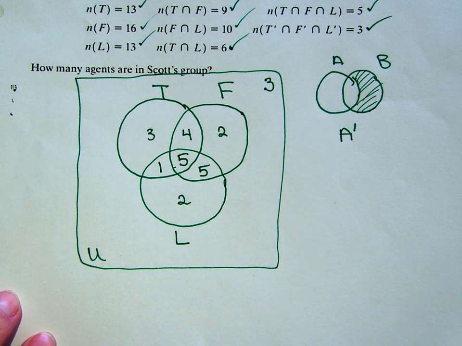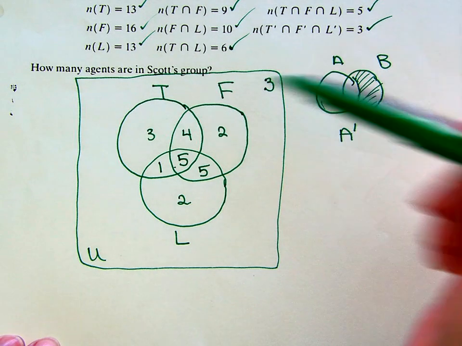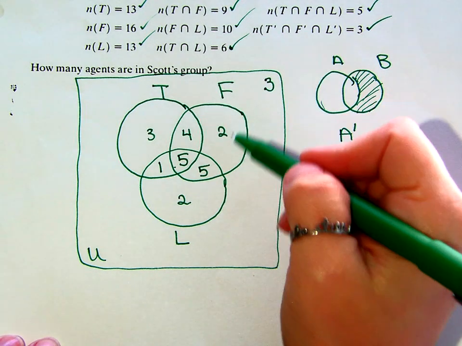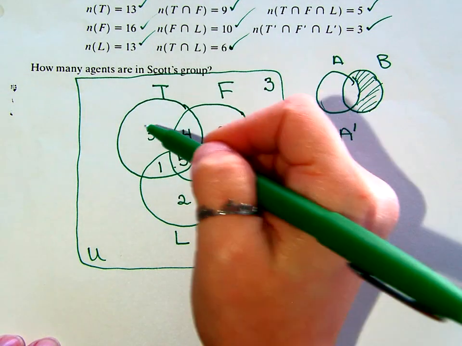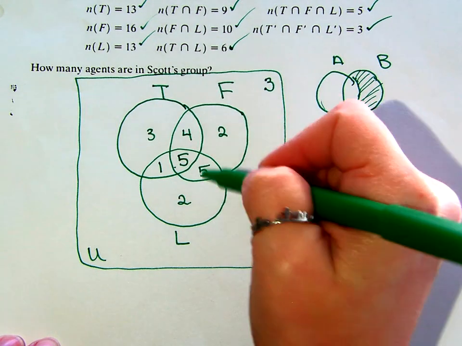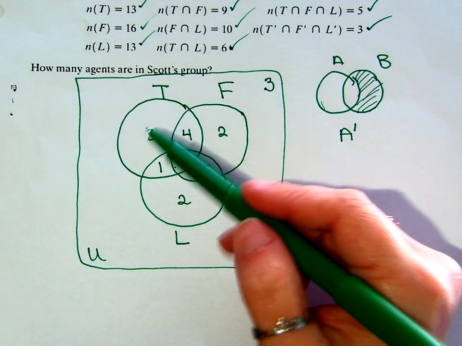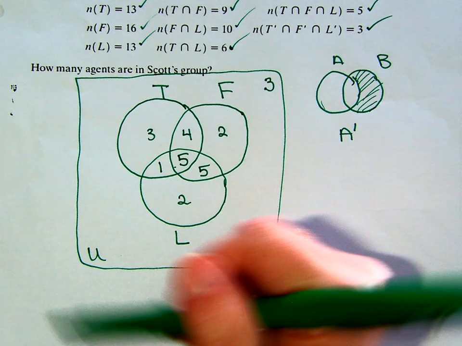Because all the rest of this lies in A. So when you're looking at T complement, it would be all of this stuff besides the T circle. F complement would be everything but the F circle, and L complement would be everything but the L circle. So then once you are combining all of those things together, the only thing left is this outer space, which is how we know that 3 lives out there.